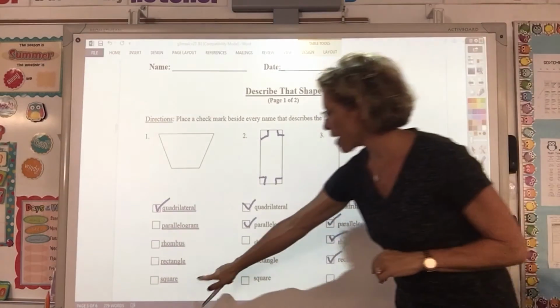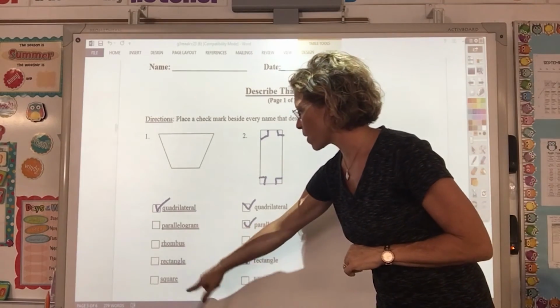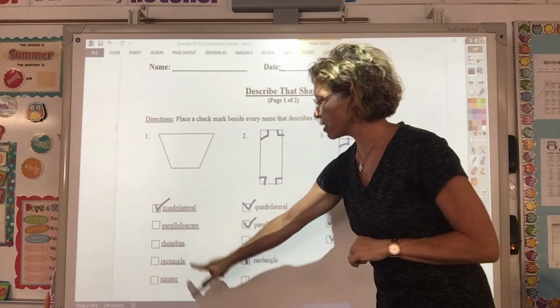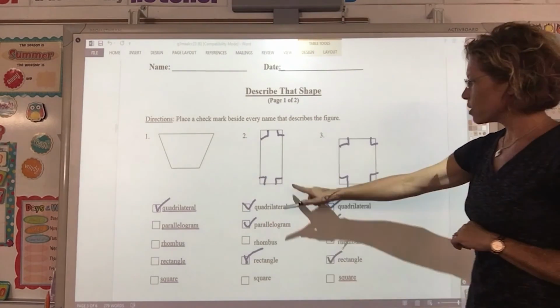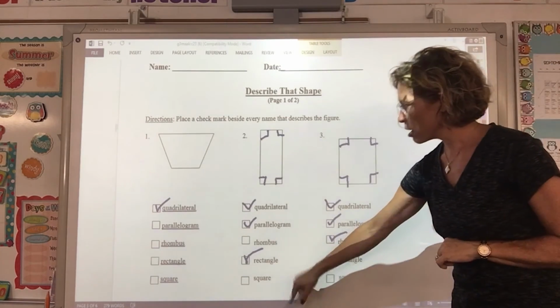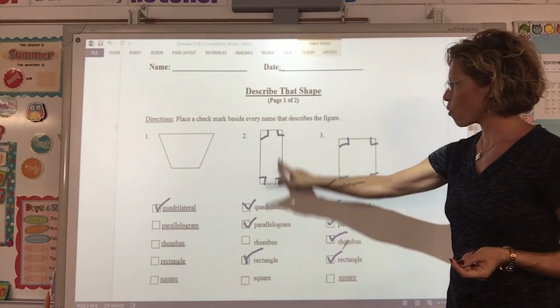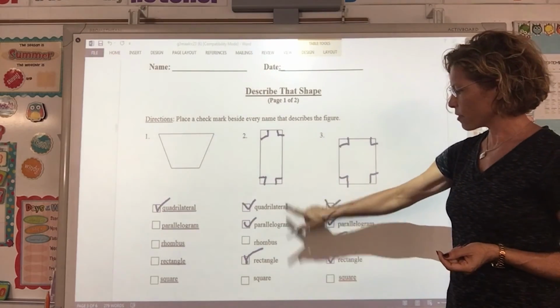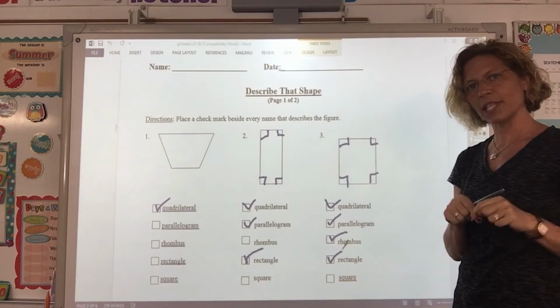Now the last one is, is it a square? Well, we know a square is a parallelogram, so it is definitely not a trapezoid. A trapezoid is not a square. We look at the rectangle. Is it a square? Well, it is a parallelogram. It has four right angles, but the difference is a square has to have four congruent sides, all the same length.